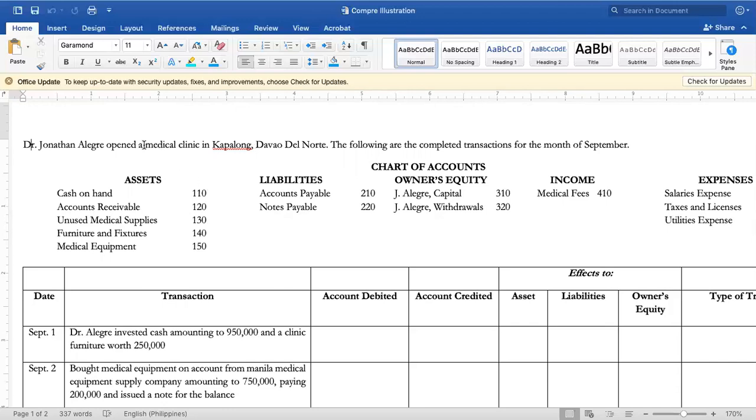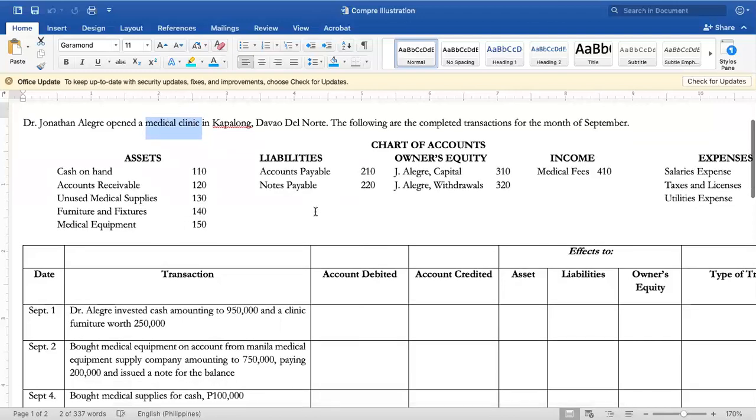We are on the perspective of the medical clinic, not of Dr. Jonathan Alegre. The owner should be separate from the business entity. We are the business entity here, so we account the transactions as the medical clinic owned by Dr. Jonathan Alegre. Again, we are on the point of view of the medical clinic.